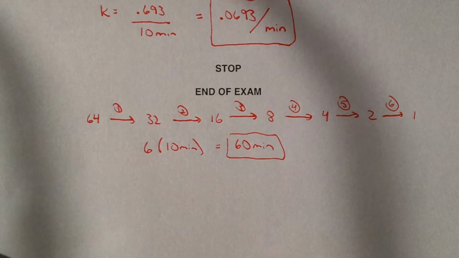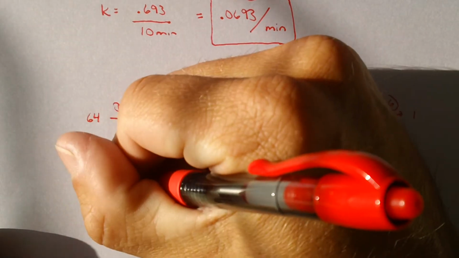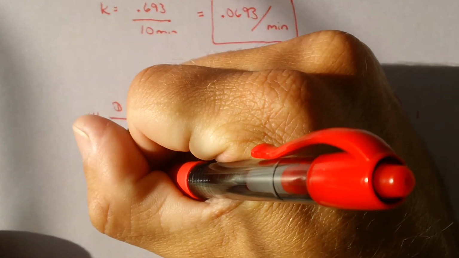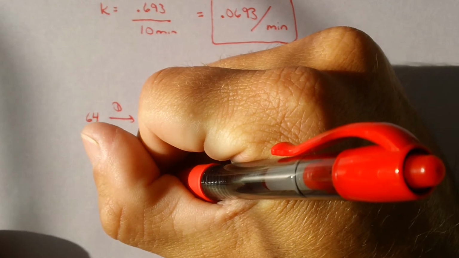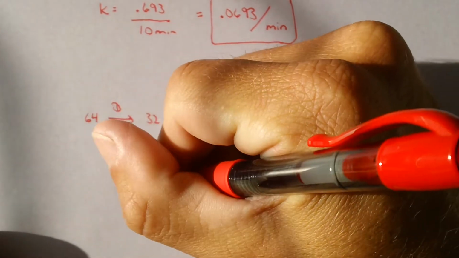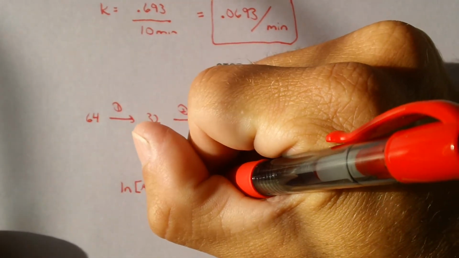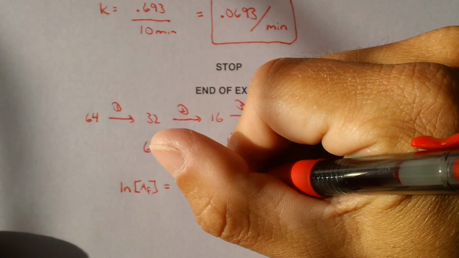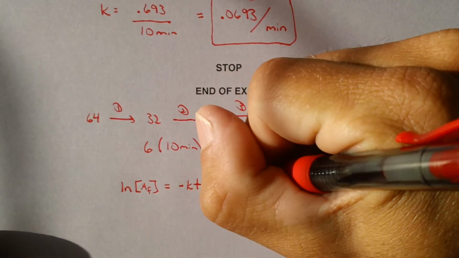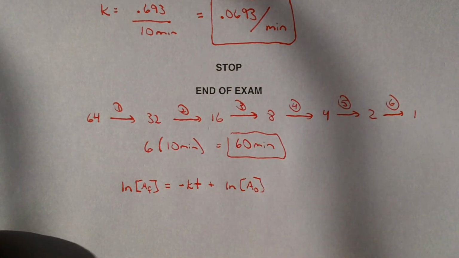You can, look, because it's first order, you can fall back on your natural log. You can do natural log of the final concentration here. We'll call it A final, I think that's how they write it on the formula sheet, equals negative KT plus natural log of the original there.